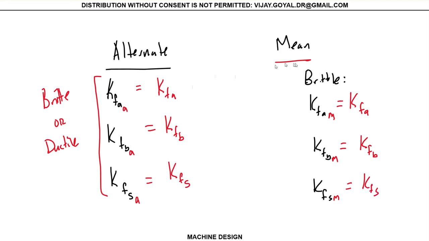You can see that for the brittle case, these two are identically the same for alternate and for the mean. Now for ductile, only the alternates are the same, but the means are a little bit different. How we work with this are various cases.